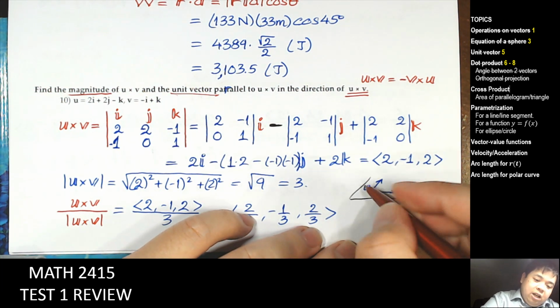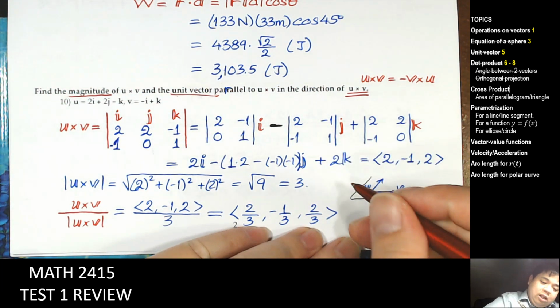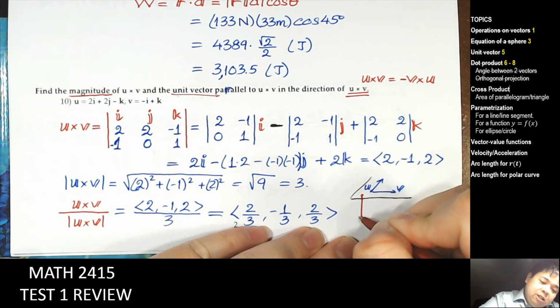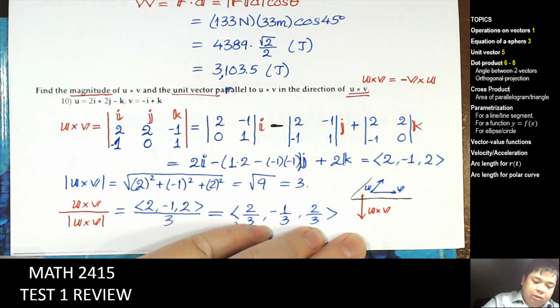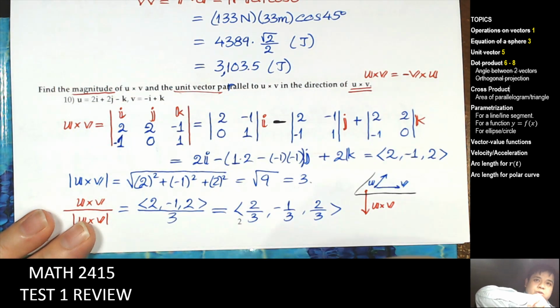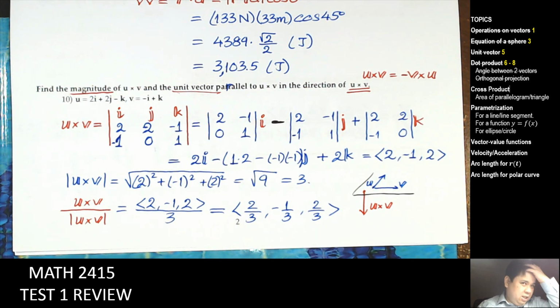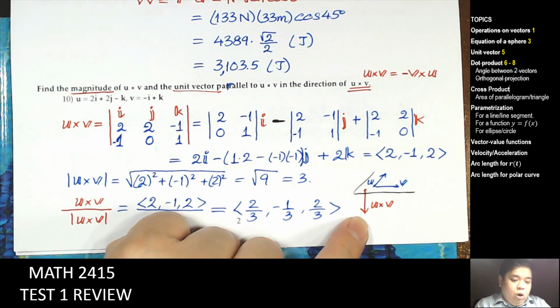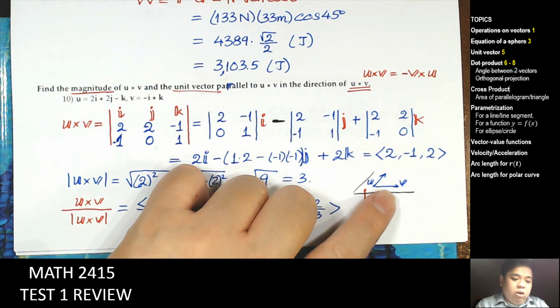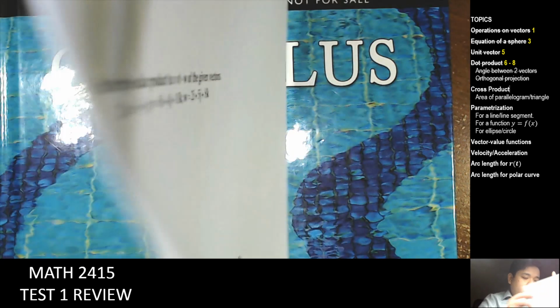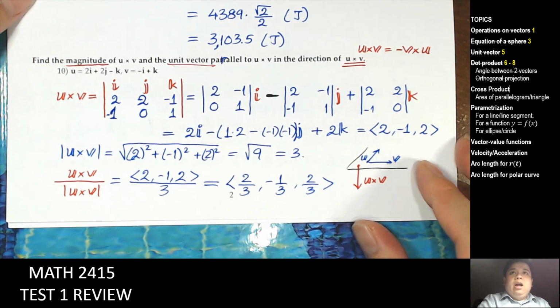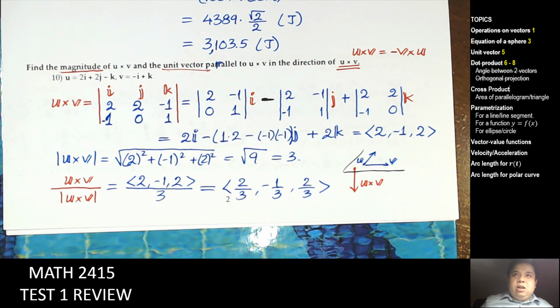By the right hand rule, the vector u cross v is pointing down. The cross product is orthogonal to both of the vectors u and v. Next, we're going to use the cross product to find the area of a parallelogram or a triangle.